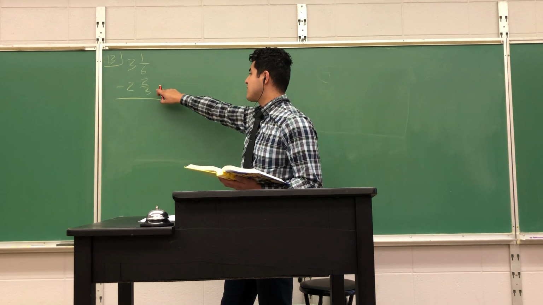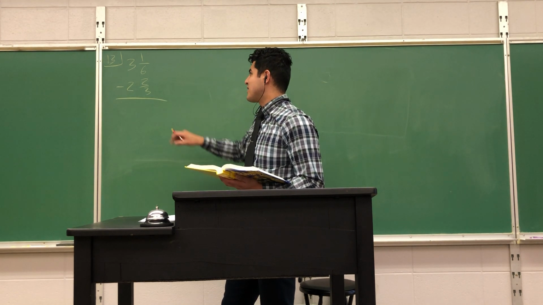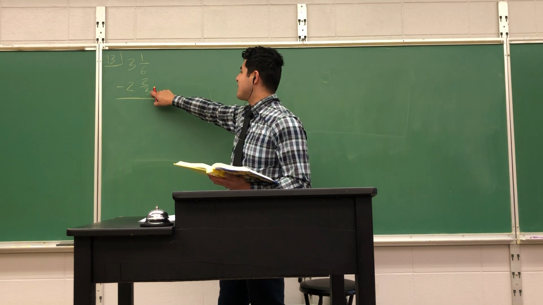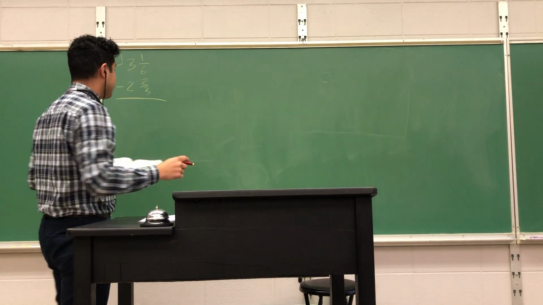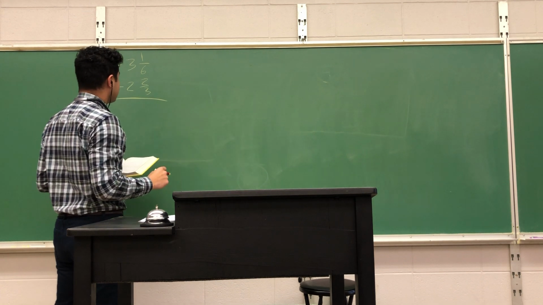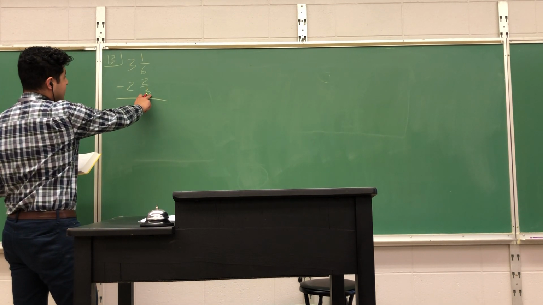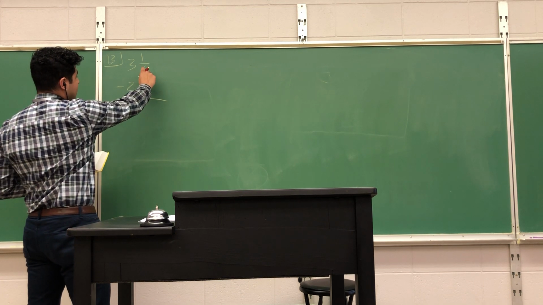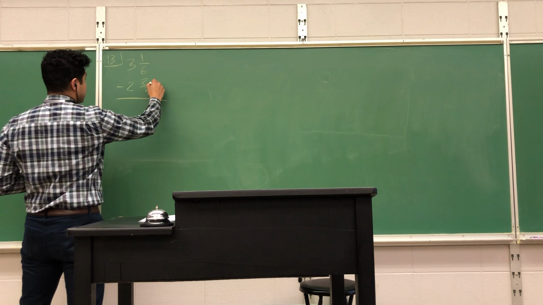Not the least common factor, I'm sorry, not the least common multiple, the greatest common factor. I knew something was up. Okay, so the greatest common factor between 3 and 6 is 6. So our denominator needs to change to a 6.